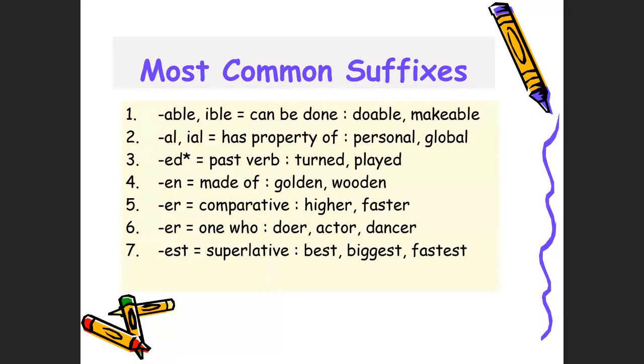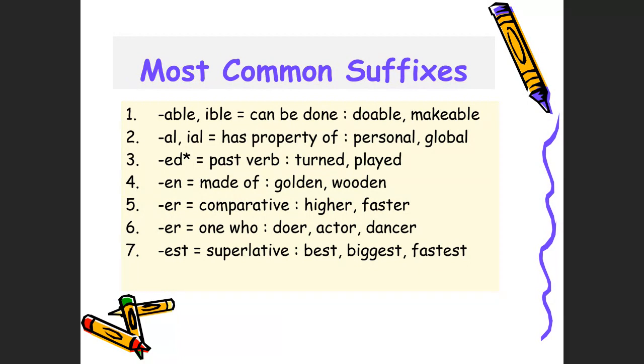Al or ial, has a property of. It's personal or global. Es una propiedad de alguien. Ed, that is the past tense of the verbs. Turned, played. En, that is made of. It's golden, wooden. Er, that is the comparative, higher, faster.